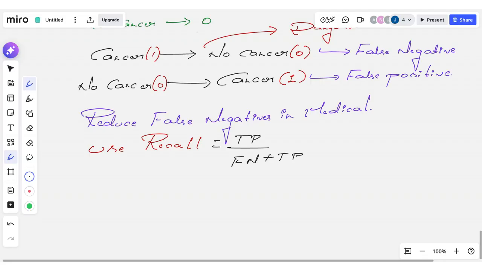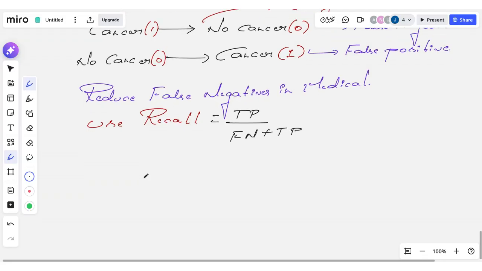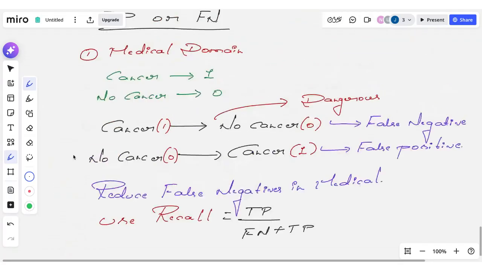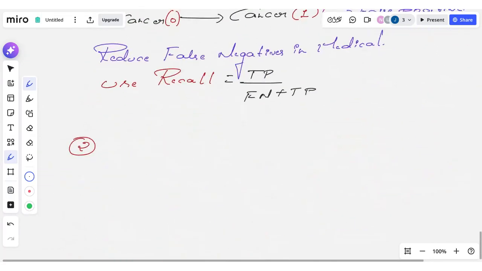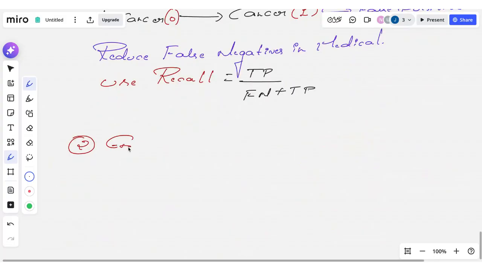Yeah. Next one. When it comes to business, I'll take another example, email classification.